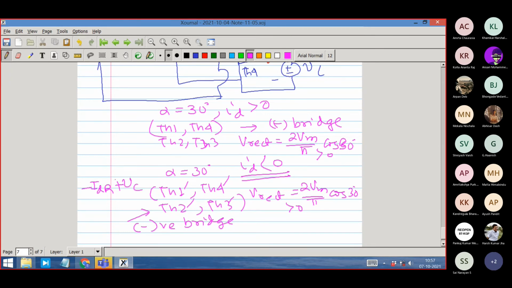Vc is a generic thing, it can be positive and negative. It has to match this equation. Here it will be ID into R plus Vc is equal to V rect.